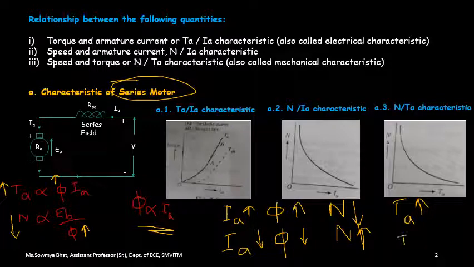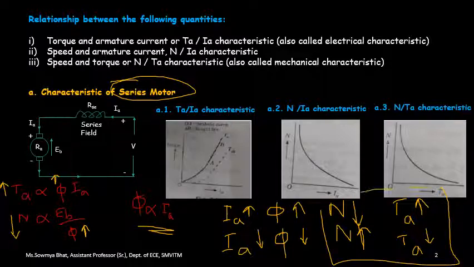If the speed increases, armature torque decreases. So from this I can state the relationship for speed and armature torque. If the speed decreases, armature torque increases. If the speed increases, armature torque decreases, which means it once again follows the nature of the second characteristic, which is inversely proportional.